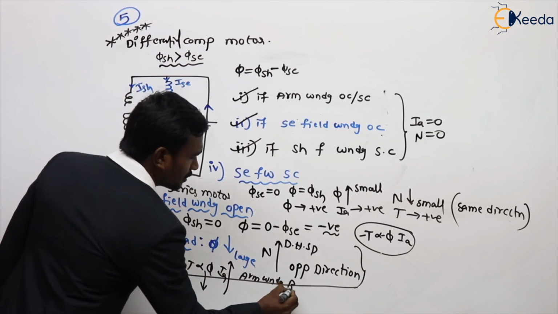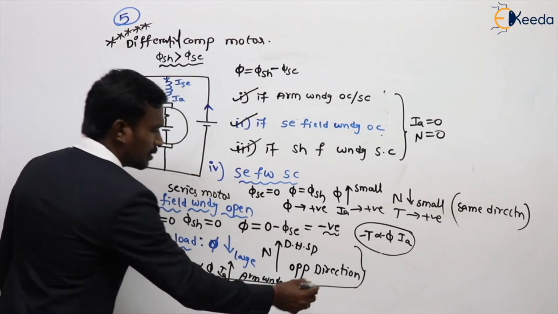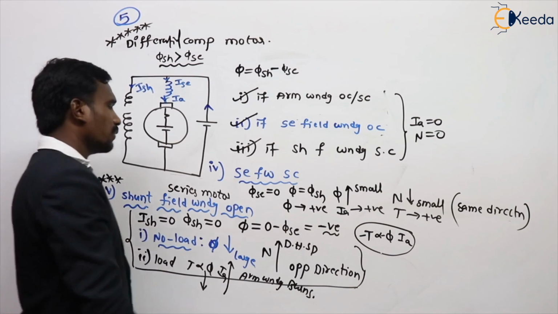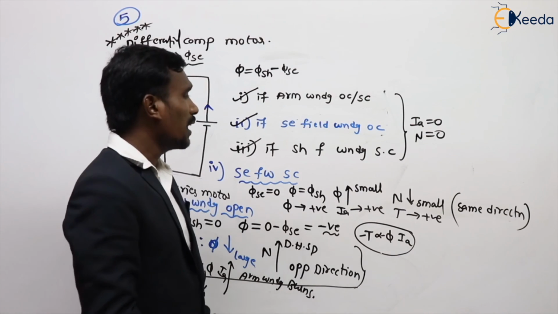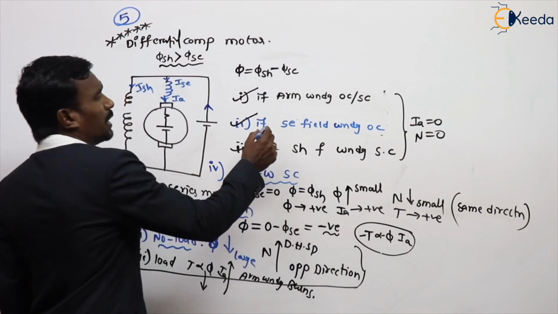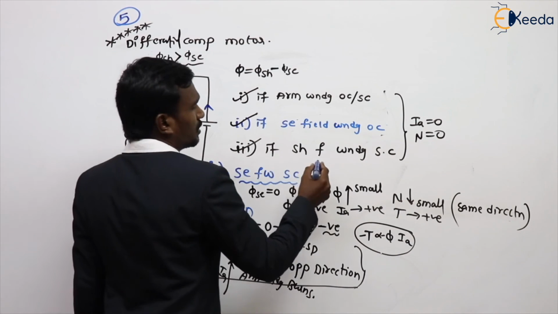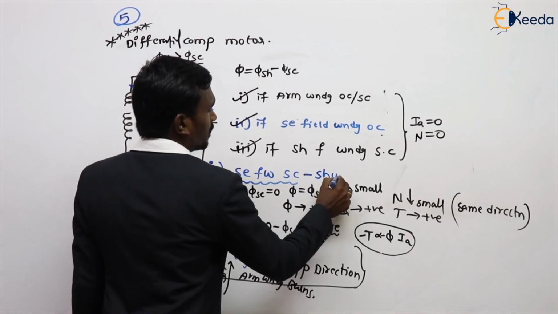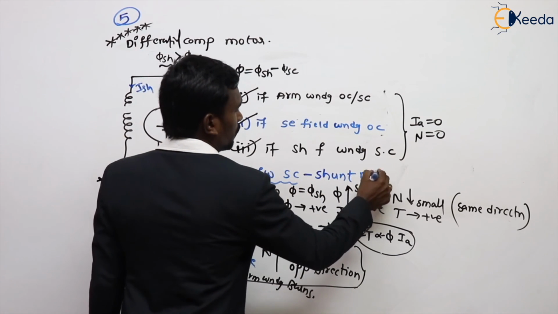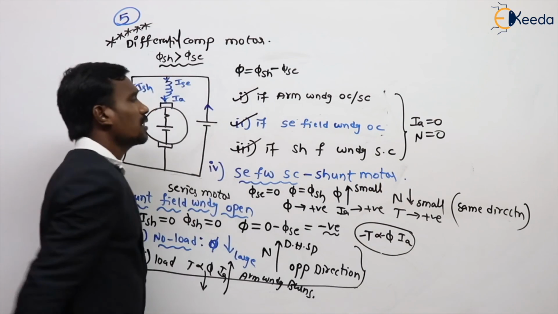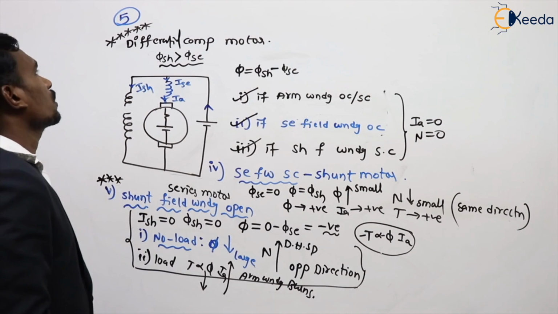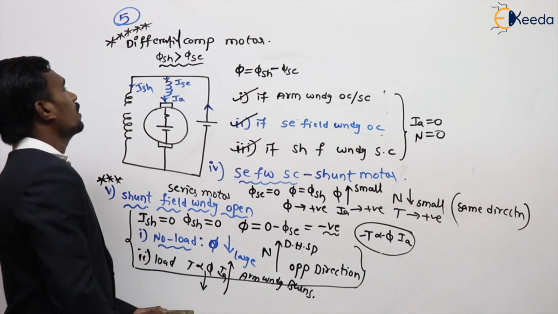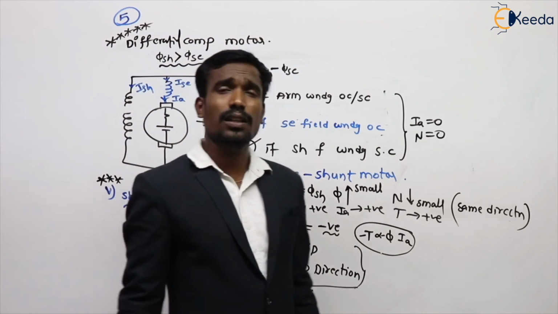Armature winding gets burnt. This is simply the shunt field winding open circuited. And where the series field winding is short circuited, then the machine acts as a shunt motor, of course. Right? This is simply the question on the differential compound motor when the field winding is open circuited or short circuited.